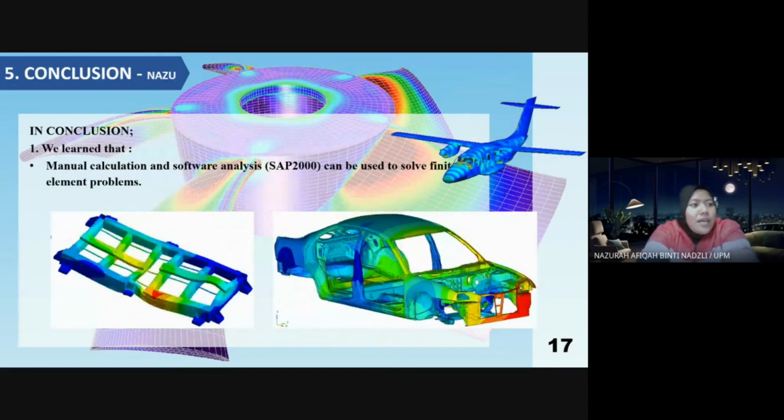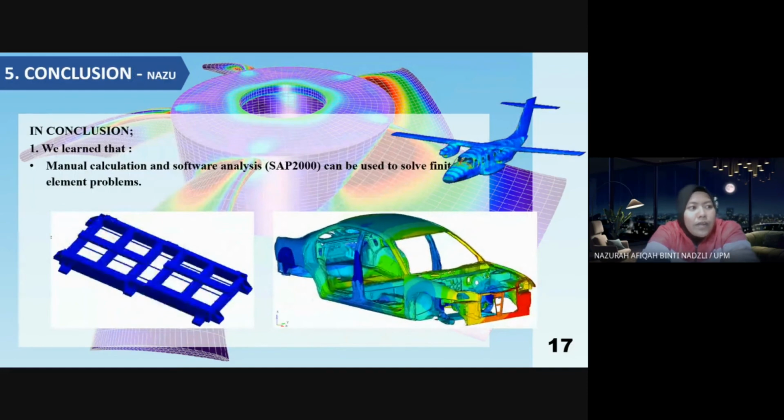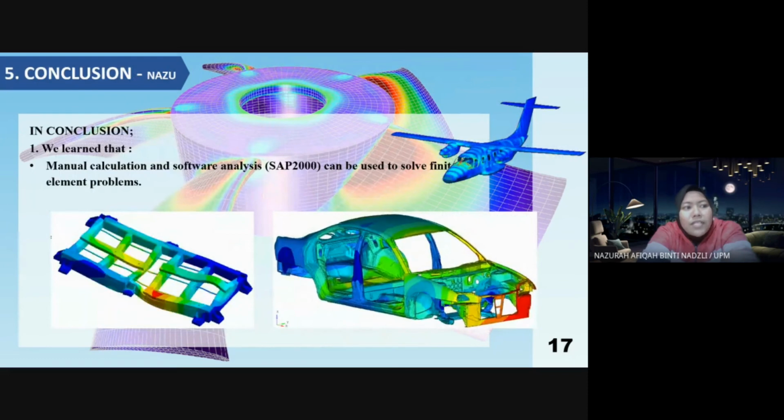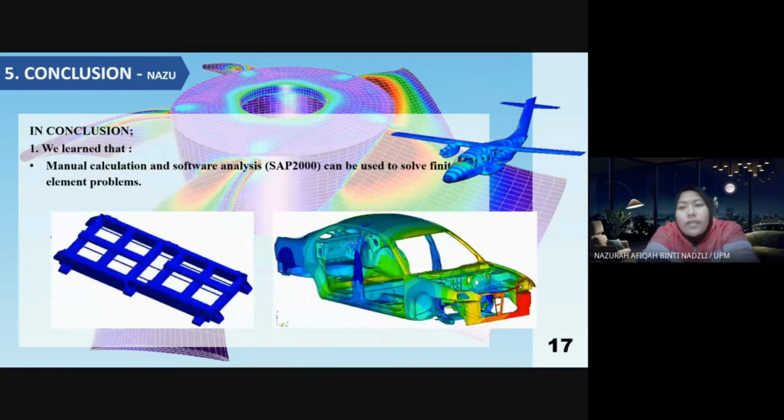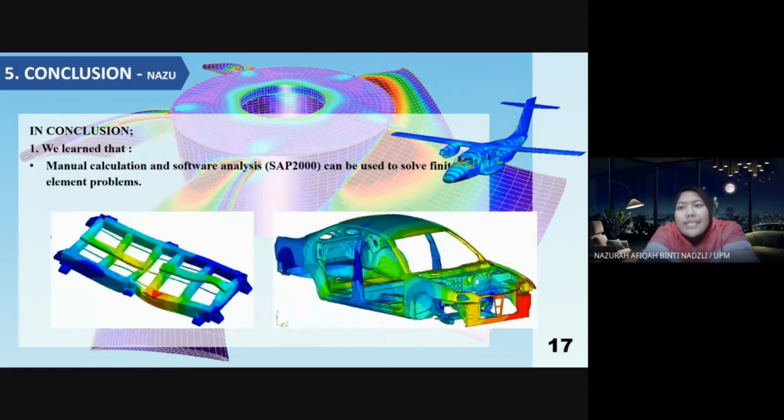We could analyze that the comparison between the manual calculation and software values are both sufficiently accurate to predict the values of nodal displacement and axial stress of the model. The slight difference that occurs is maybe caused by a minor mistake in the manual calculation, since we have to deal with numbers, for example, the decimal point.